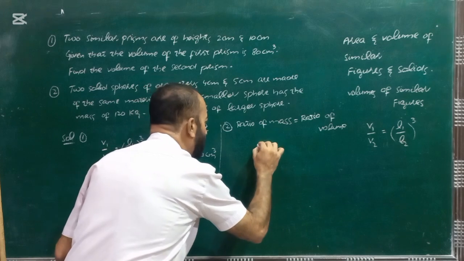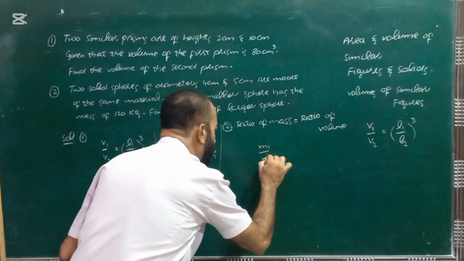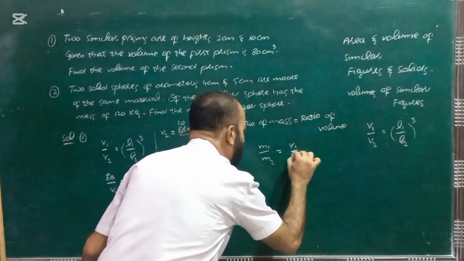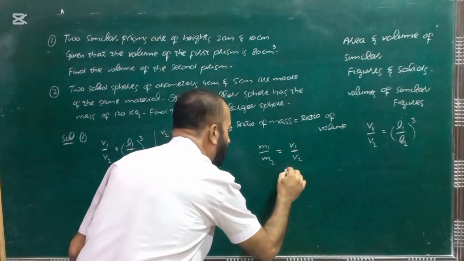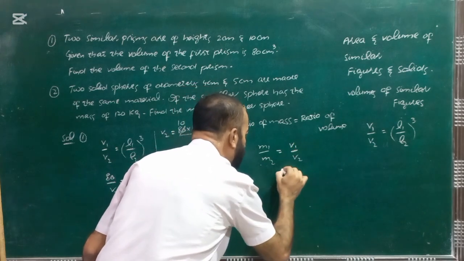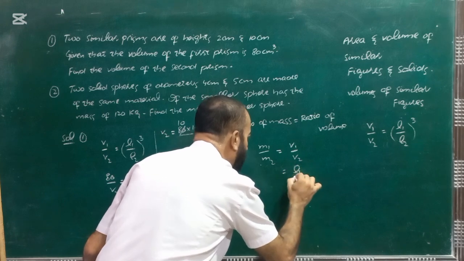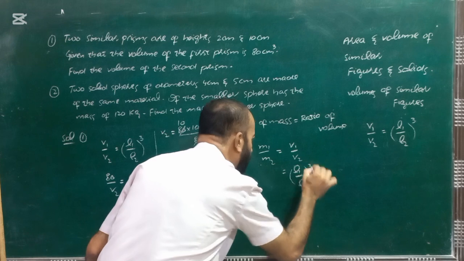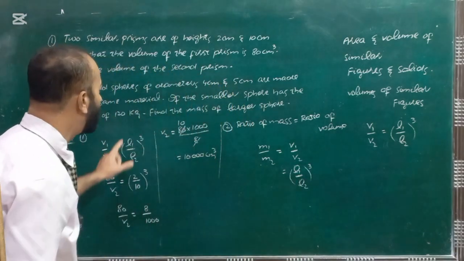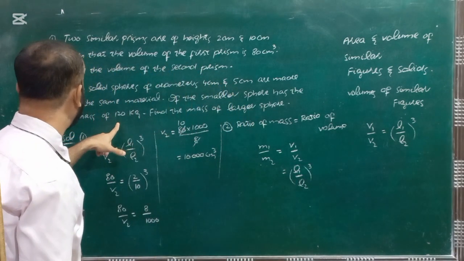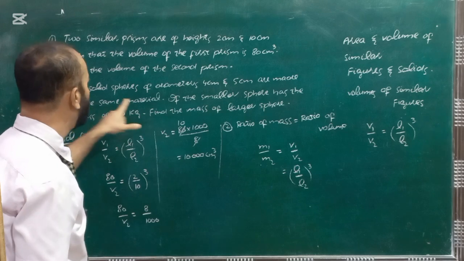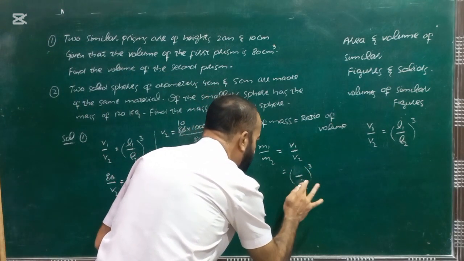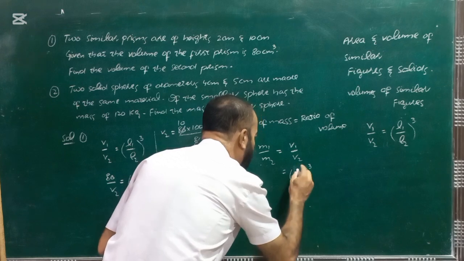So ratio of the mass will be M1 over M2, and ratio of the volume is V1 over V2. And V1 over V2 is equal to L1 over L2 whole cube. And for this question, because diameters are given, so look now, diameters are given, so we will put D1 over D2 in place of L1 over L2.